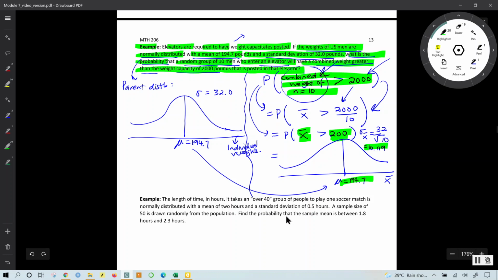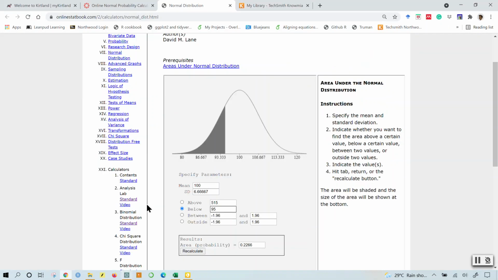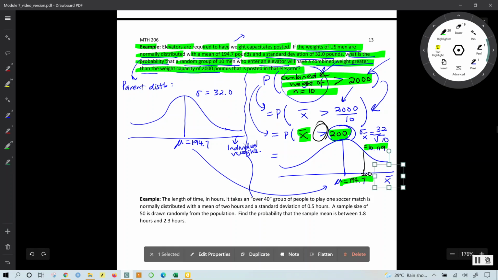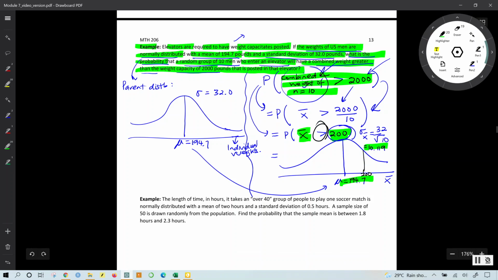Now that I have the two descriptors of the average, I can take them to my normal distribution calculator. I key in the mean and the standard deviation, and I am interested in the region whose probability I would like to compute. This concerns the number 200, somewhere here, and I'm interested in above, that is to the right, greater than.